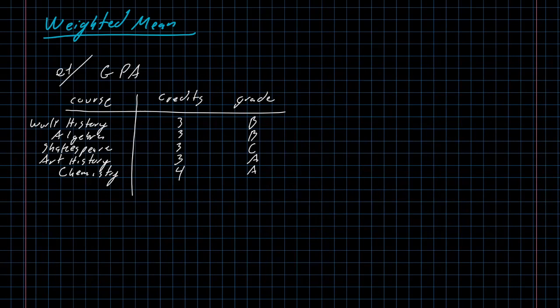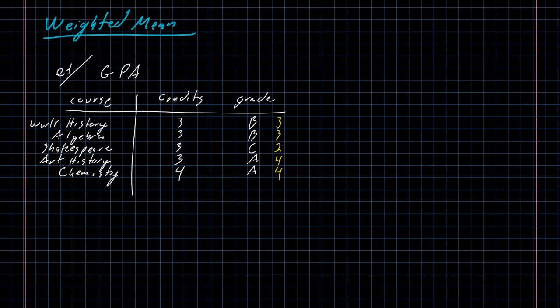Well, the usual standard is that a grade of a B is worth 3 grade points, a C is worth 2 grade points, and an A is worth 4 grade points. To find your grade point average, you don't just average the grades because they are all awarded per credit.